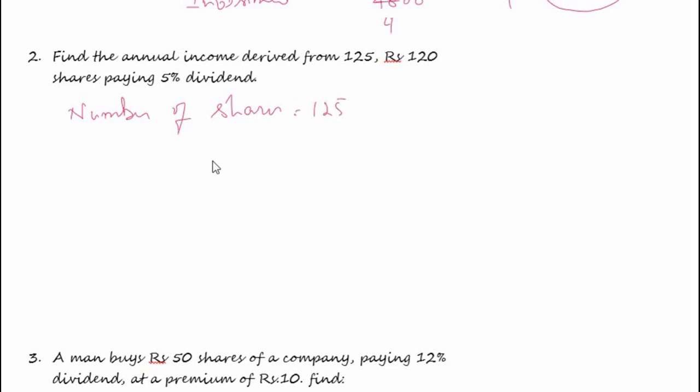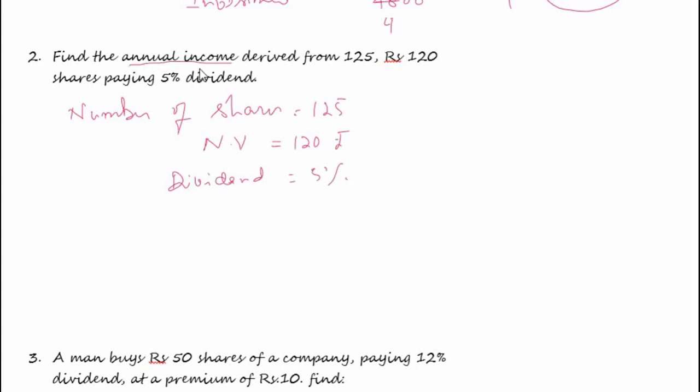So rupees 120 shares means that is a nominal value. Nominal value is 120, in rupees. So dividend is at 5%. Now we need to calculate the annual income.